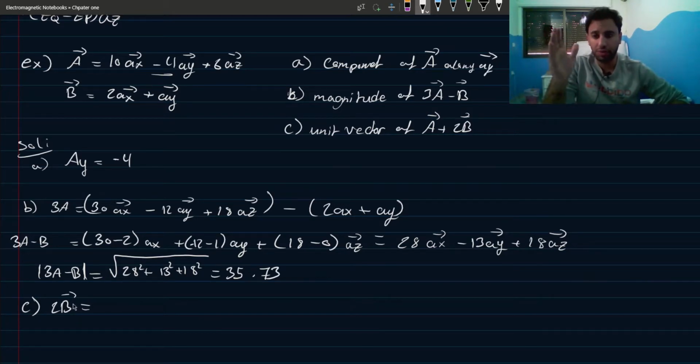You just distribute the scalar. So 2 times 2, that is 4 AX. 2 times 1, it is 2 AY.